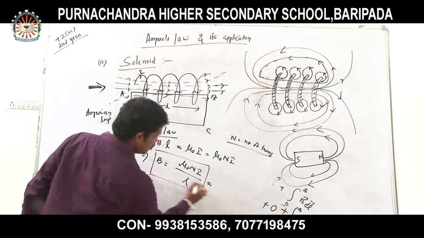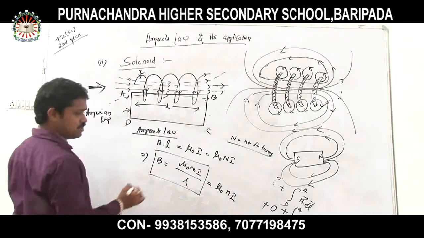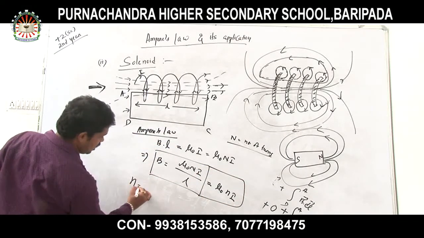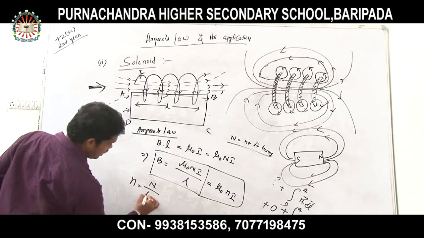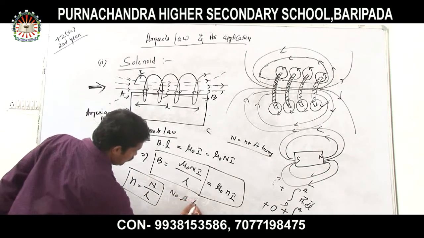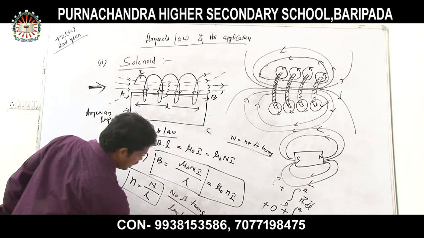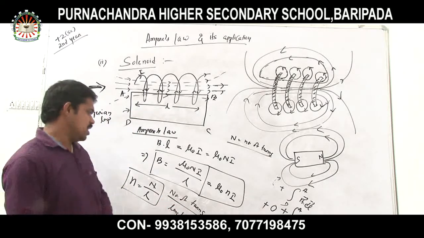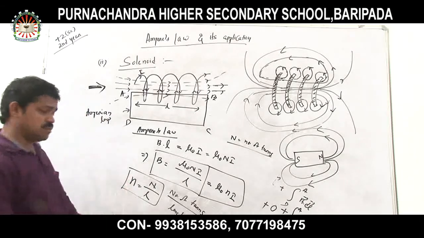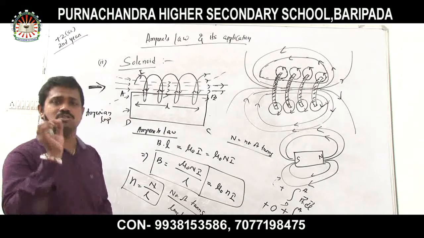And this can also be expressed as mu 0 small n I, listen very carefully, because small n is equal to capital N divided by L, that is the number of turns per unit length of the solenoid.